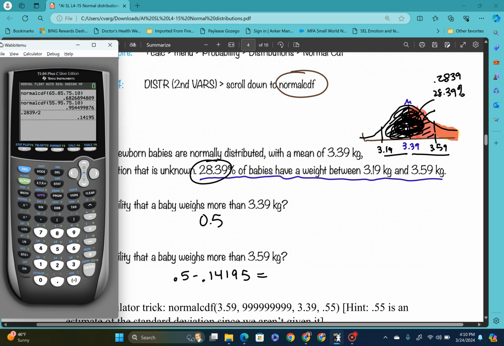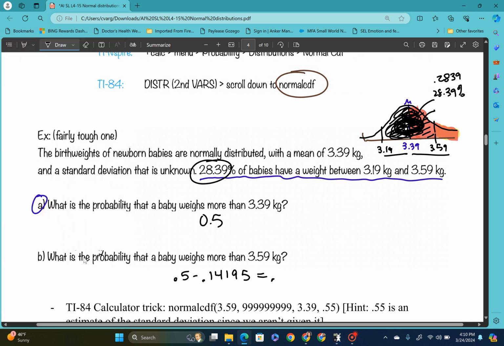I have to do this because I don't have the standard deviation. I could have just gone up and grabbed the answer, but it's all good. So I have 0.358. So that is the probability.